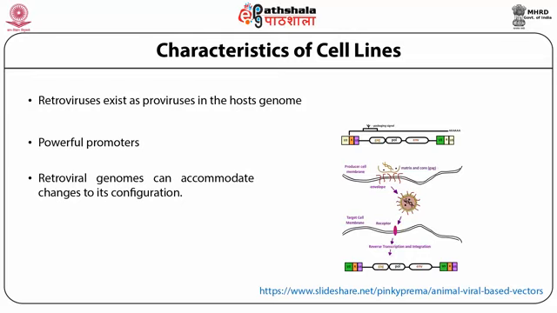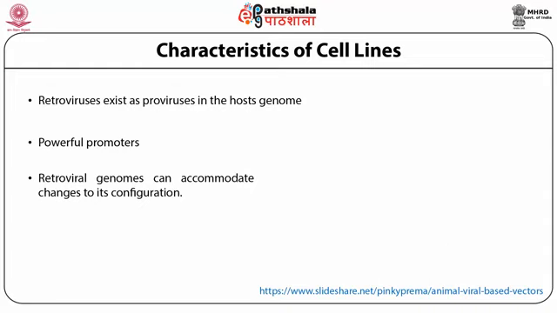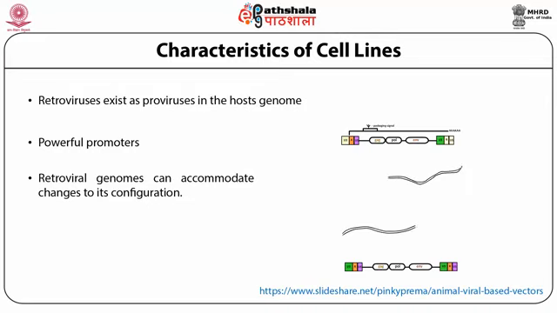When they enter the target cell, they attach through receptors on the target cell membrane. They bind to the receptor, because you know that for HIV infection, much research is being done on the receptors of HIV.